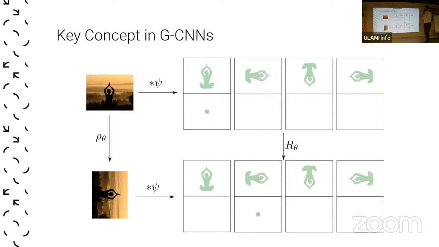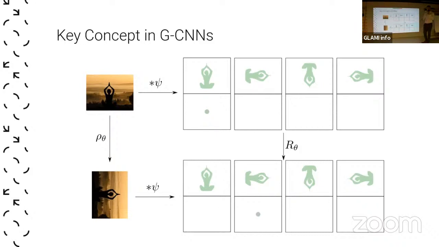And so the key concept in creating the equivariant neural network is to do the rotation of the filters, but then consequently do a permutation on the outputs between the filters, because you can see that the first output corresponds to the second output in the bottom row. So it really should be exactly the same, right?